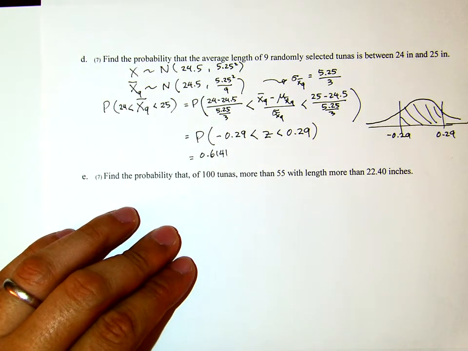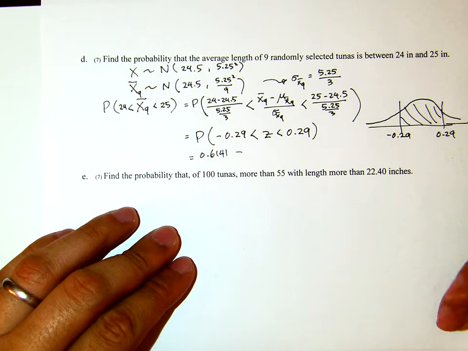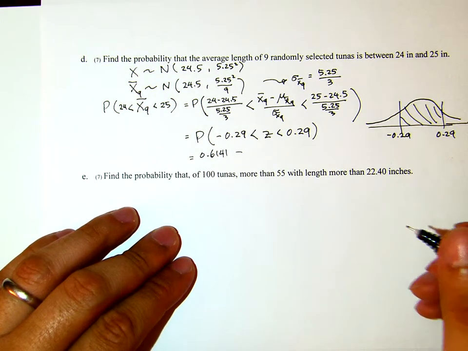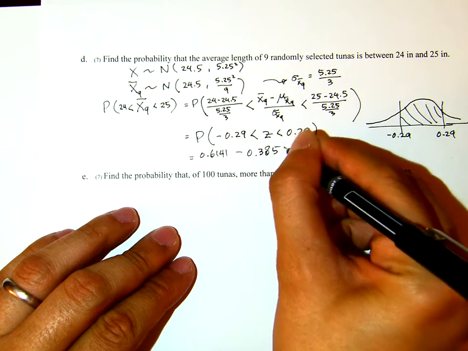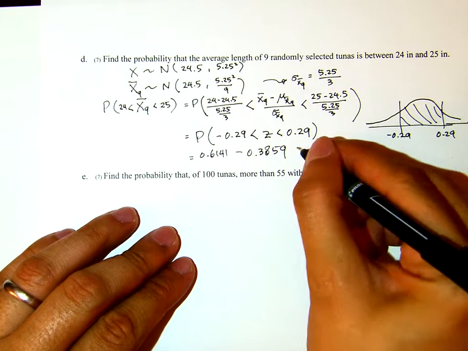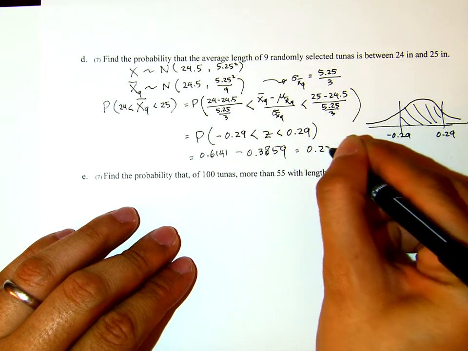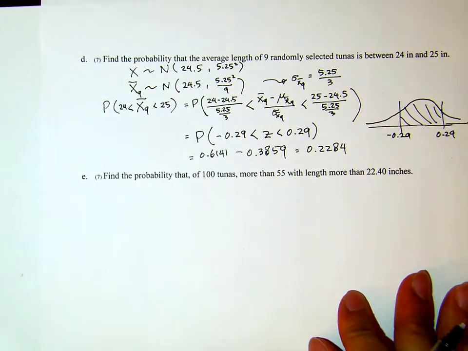Now minus the area to the left of negative 0.29, which you will see from the table is 0.3859. Check yourself from the table, and when I compute this, I will get 0.2284. That one you can use your calculator.